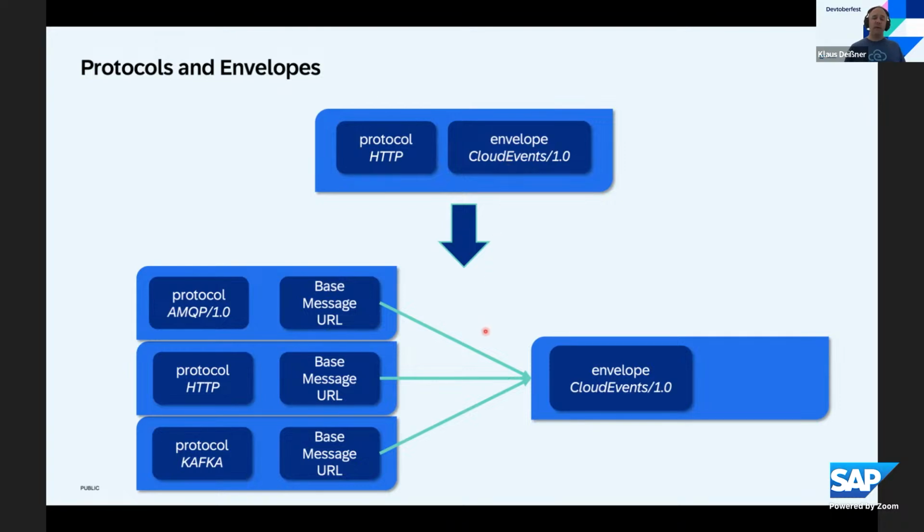But you could also think of the other case where you just describe the envelope in one message group, for example, and then you create endpoints or other message groups that then contain the protocol specifics and point to this envelope. So in this case, you could then make use of this property of CloudEvents, that it is protocol independent in the sense that the attributes are protocol independent, and then bind it to providers that make use of specific protocols.